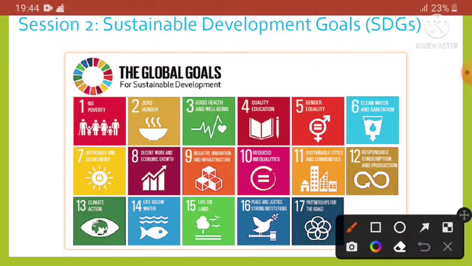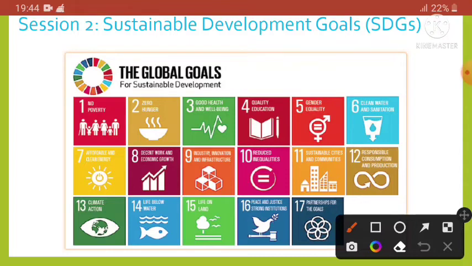Next, we will learn in this session the Sustainable Development Goals, SDGs. Sustainable Development Goals are the collection of 17 global goals set by the United Nations General Assembly in 2015 for the year 2030. They were implemented from 1st January 2016.